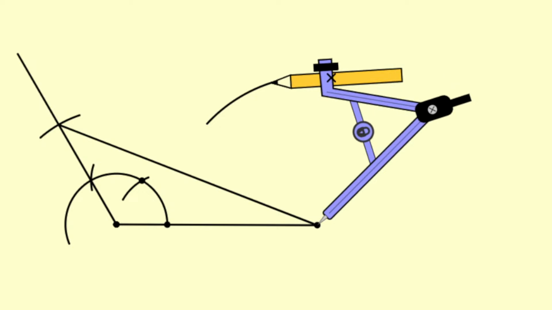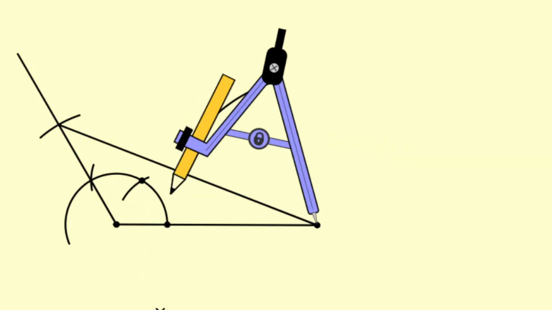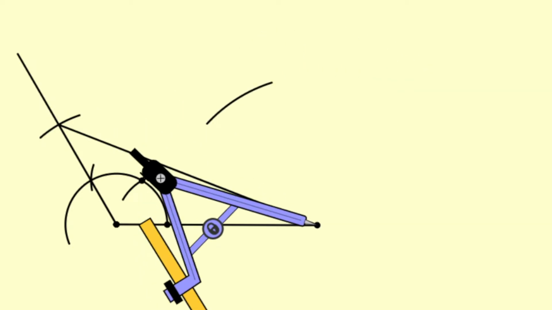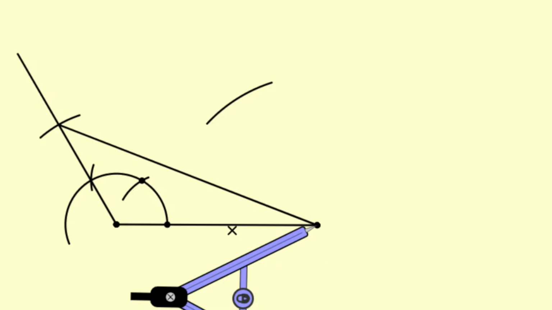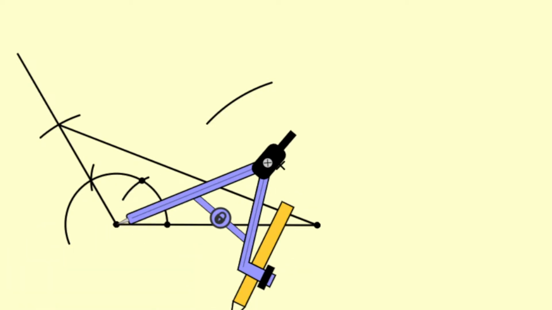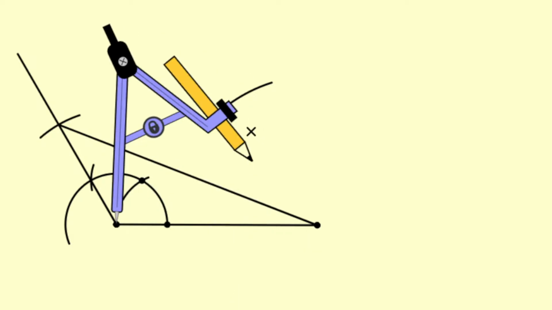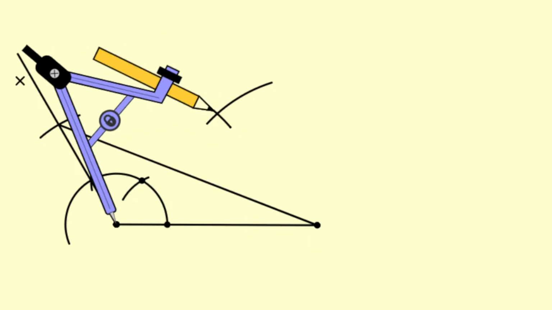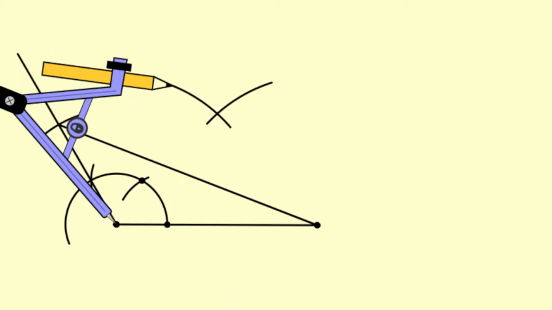I am not explaining it now, we all know how to draw it. I want to get the center of the circle, so I am constructing the perpendicular bisector of BC.